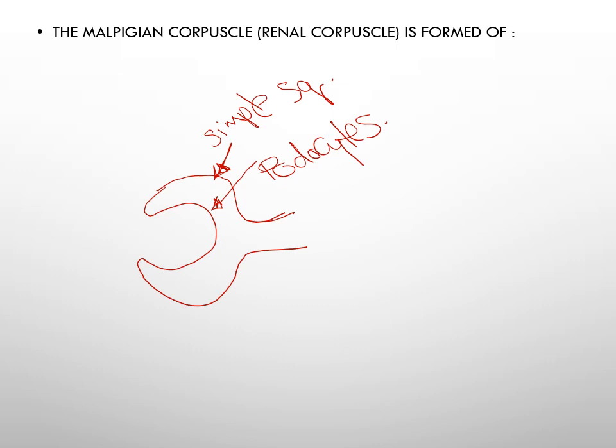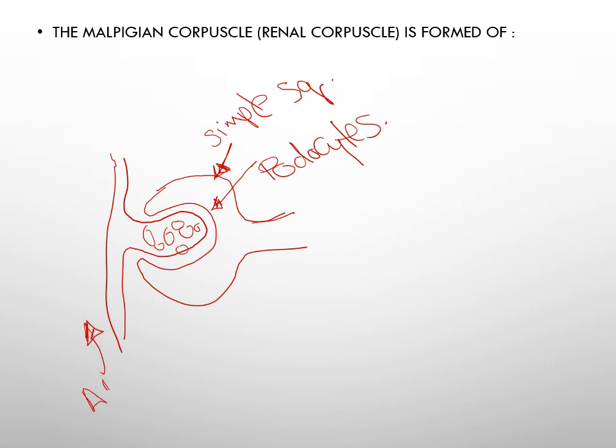And then you have arteries, divided into many capillaries in this area. The entering artery is called the afferent arteriole, and the exit is called the efferent arteriole.